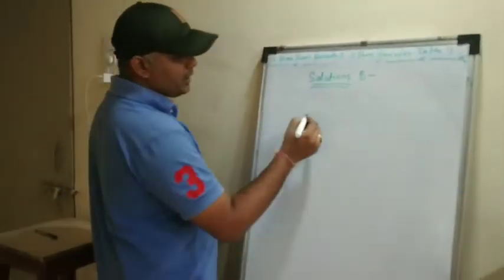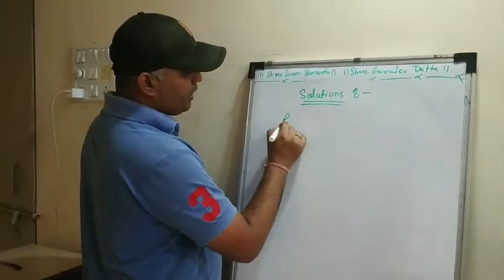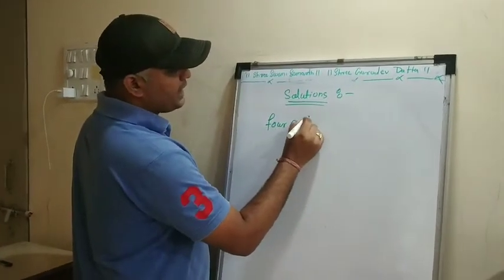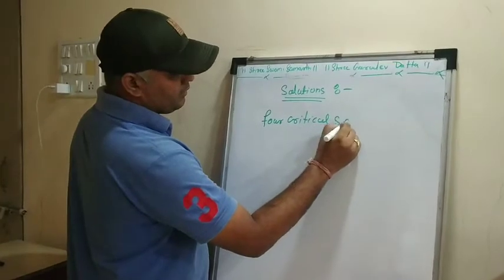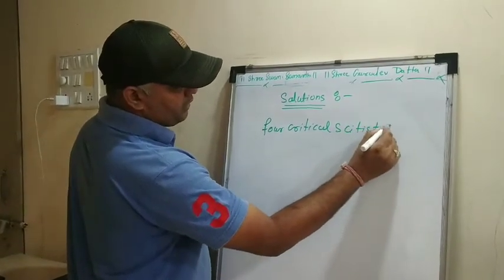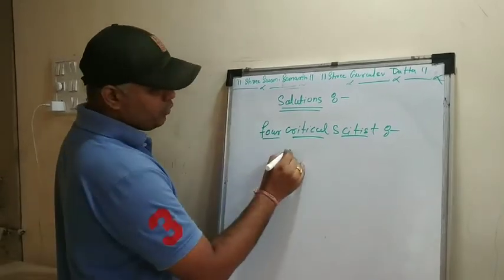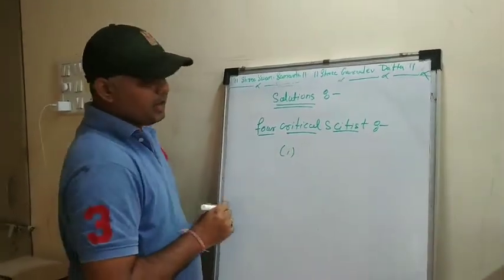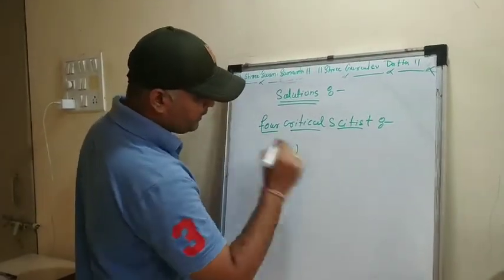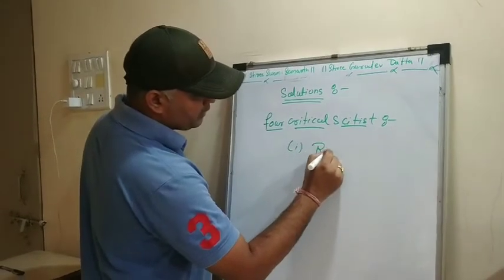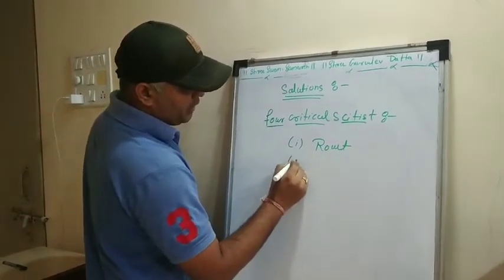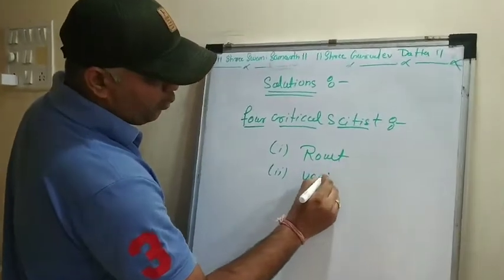In this particular chapter, we are going to learn about the 4 critical scientists who have worked on the colligative properties. So what are those 4 critical scientists? Number 1 is Raoult. Number 2, Van 't Hoff.